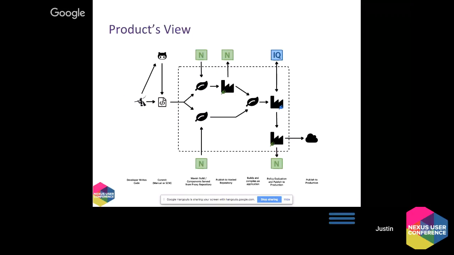The pipeline has warehouses and some leaves, and things go out to repository, things go out to IQ. They still end up in the cloud. But this is probably, as I said, equally as confusing to someone. It would make sense internally when we distribute it and talk about it, but in a demo, it's hard to describe what this is and what it's doing.